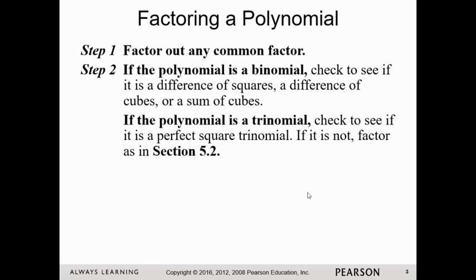And if it happens to be a trinomial, check to see if it's a perfect square trinomial. If not, use the methods for factoring in section 5.2. And I think there's three objectives that I put forth in videos there for that. Now, this issue of perfect square trinomial, we'll get into that, and there's a certain formula that we follow for that.